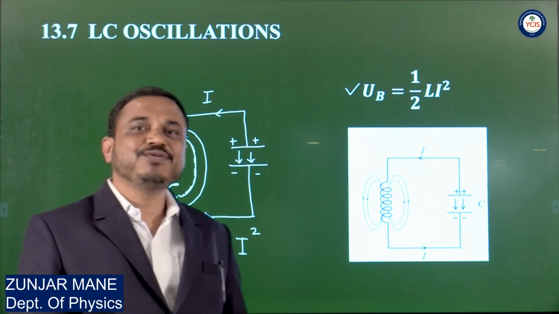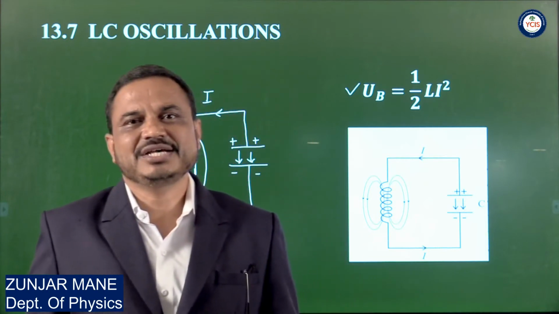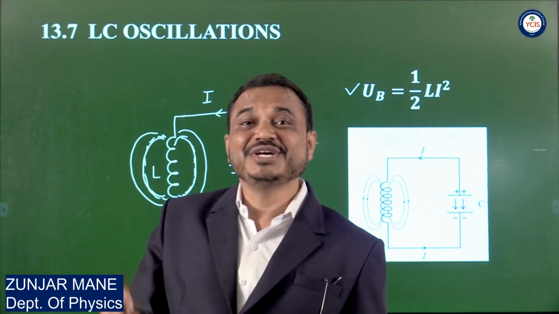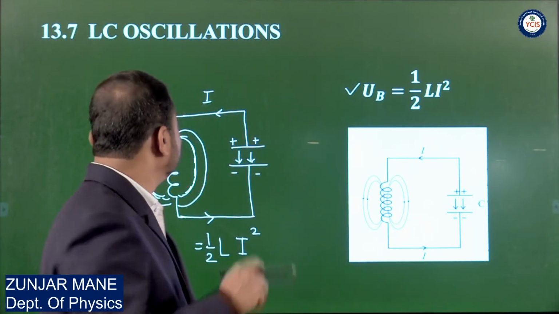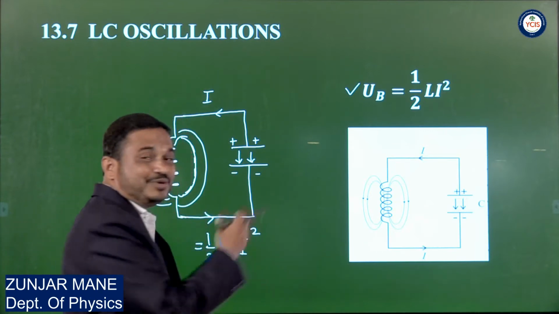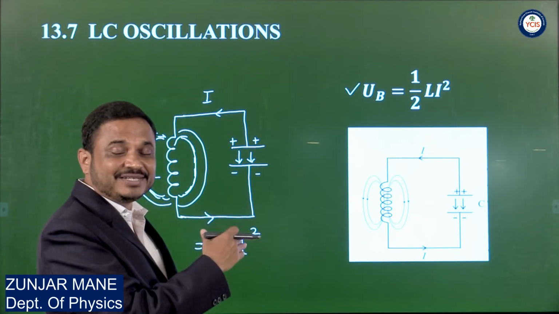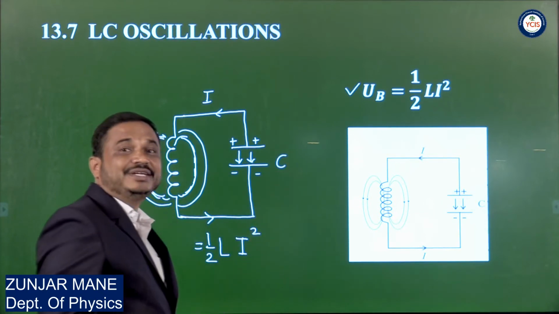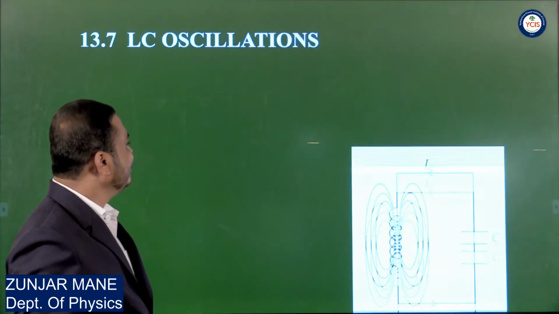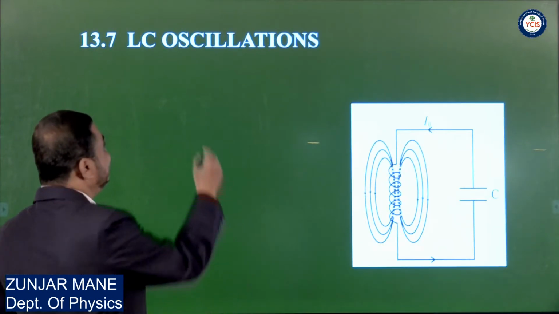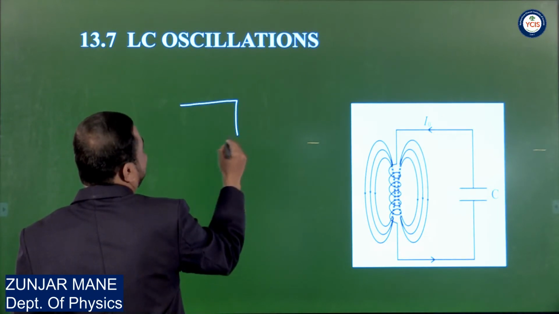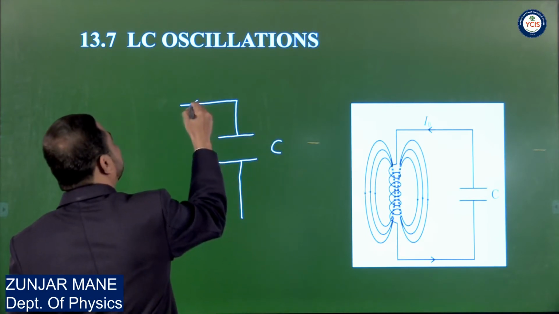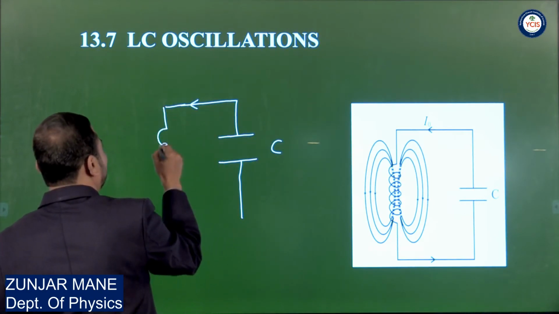As current flows through the inductor, the magnetic flux associated with it goes on changing, and an induced EMF or induced current is produced in the circuit that opposes the change in magnetic flux, so the capacitor goes on discharging. When the capacitor is completely discharged, the maximum current flows through the inductor.